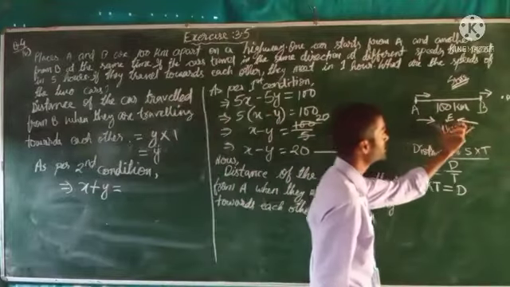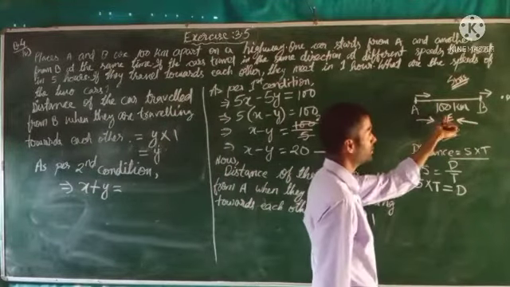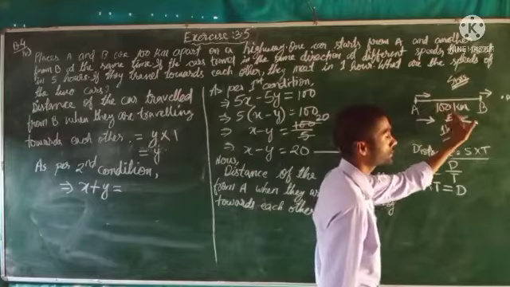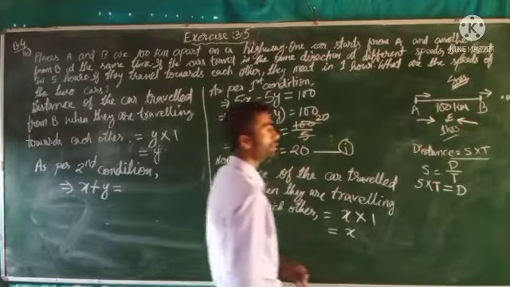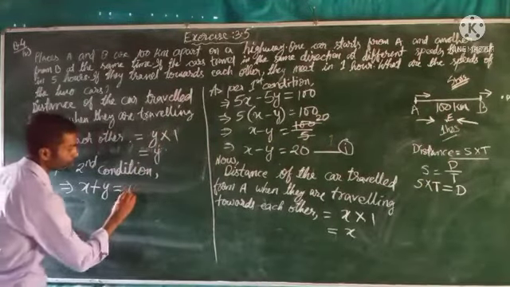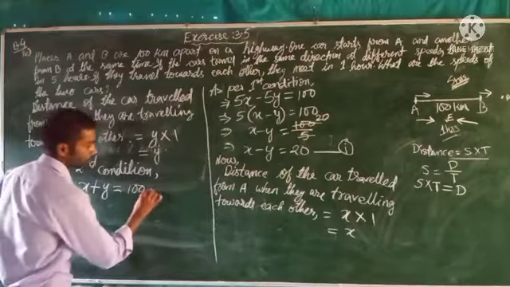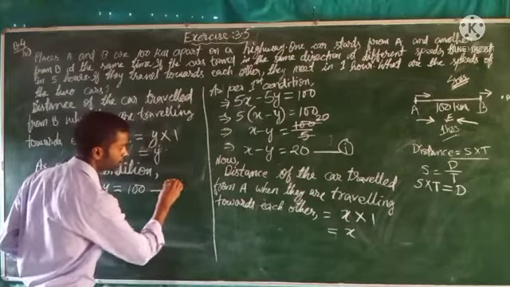When they are traveling towards each other and meeting, the total distance covered is 100 kilometers. So x plus y is equal to 100. This is our second equation.